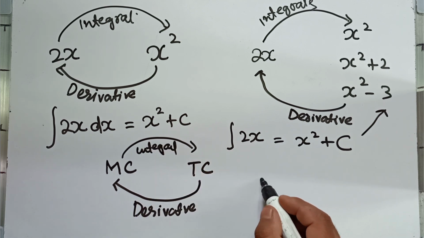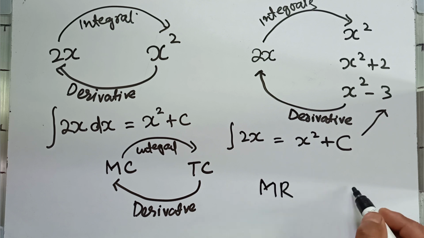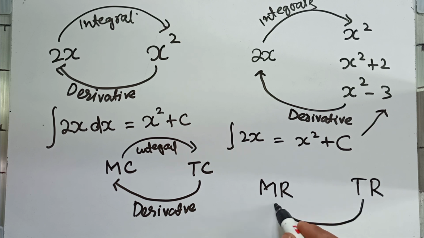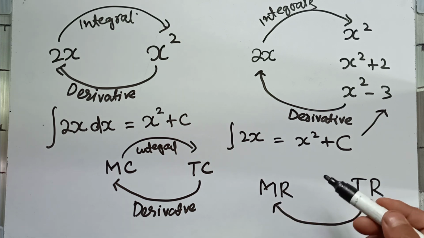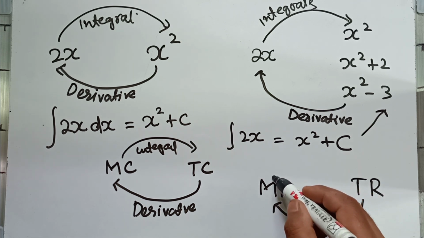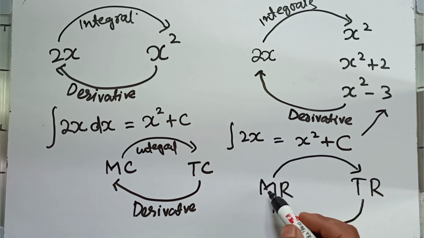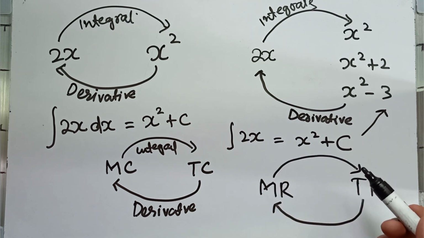Similarly, if I have the marginal revenue and total revenue, the derivative of total revenue is marginal revenue, and if we reverse this process, the integral of marginal revenue is total revenue.